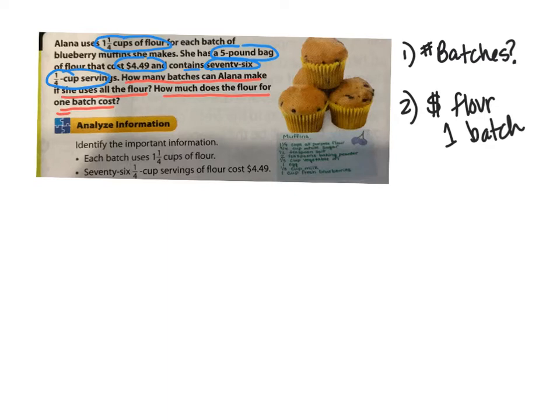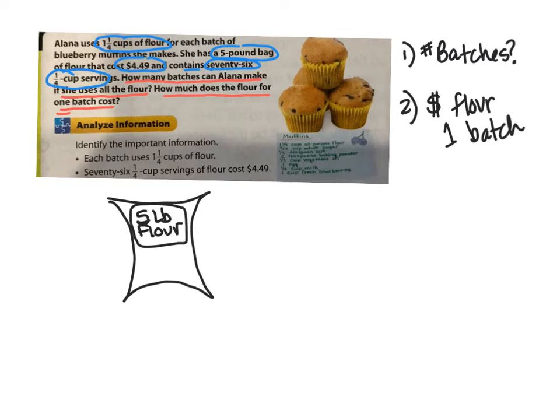Let's draw the picture. I'm going to draw a 5-pound bag of flour. There it is. And I wondered, as I was going along, you heard me wonder, 5-pound bags, I'm dealing with cups of flour. I don't know what 5 pounds is in cups of flour, but then they told me 76 1/4 cup servings.